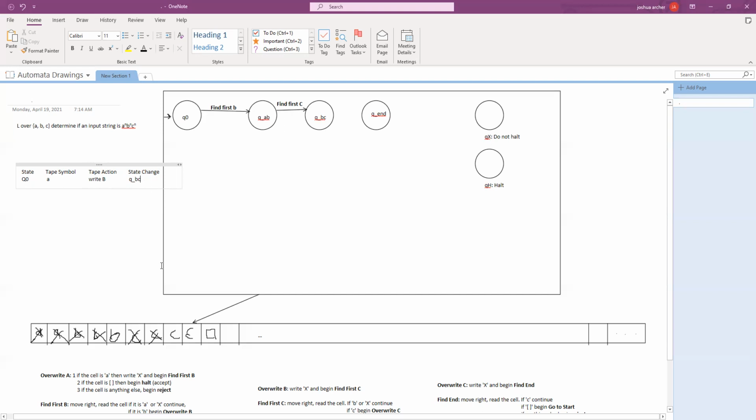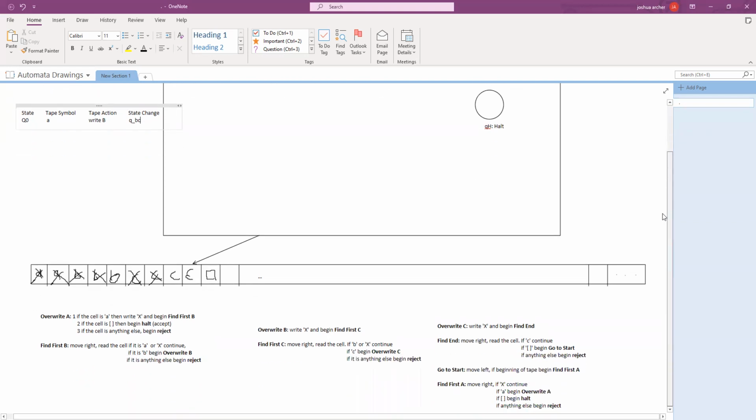So we have everything we need down here in order to make that. This is the hard part. Everything that's difficult is already done. I just need to figure out what these lines are going to look like.